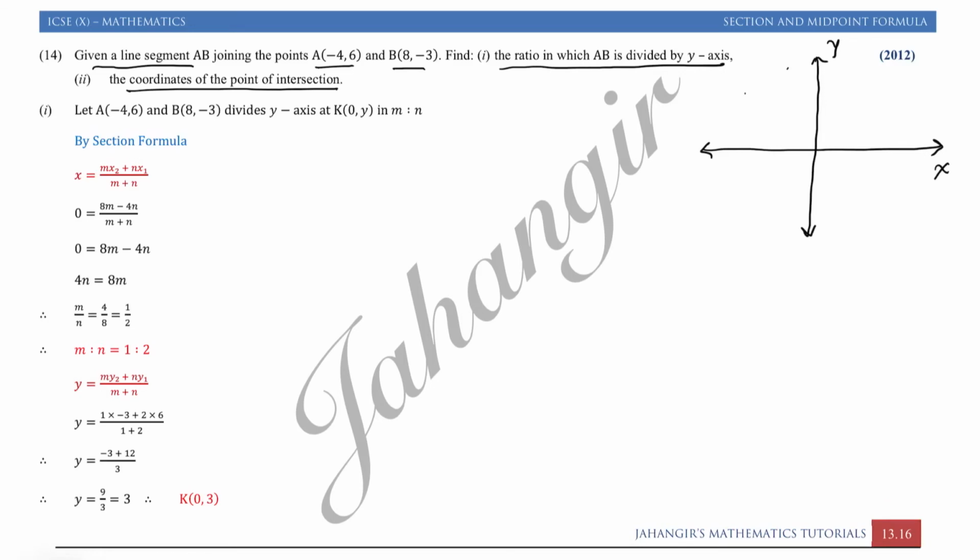Minus 4, 6 seems to be here. 8, minus 3 is somewhere here. So the line will pass somewhere like this. It's not a straight line. Let us make a straight line.